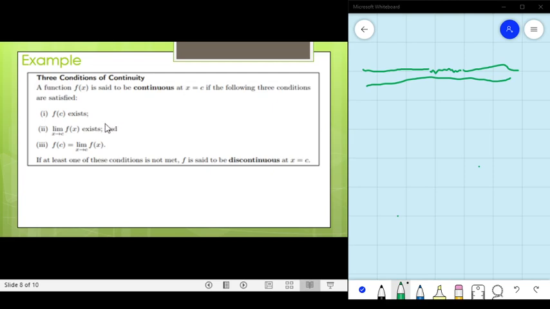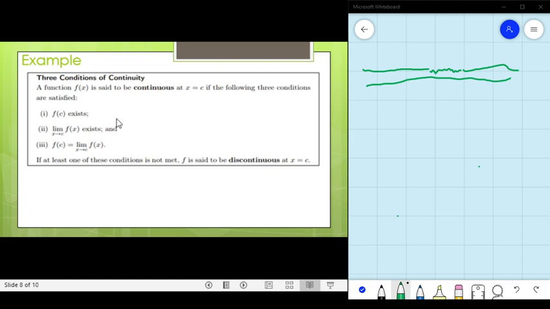If the limit as x approaches c from the right is equal to the limit as x approaches c from the left, we can conclude that the limit of f of x as x approaches c exists.